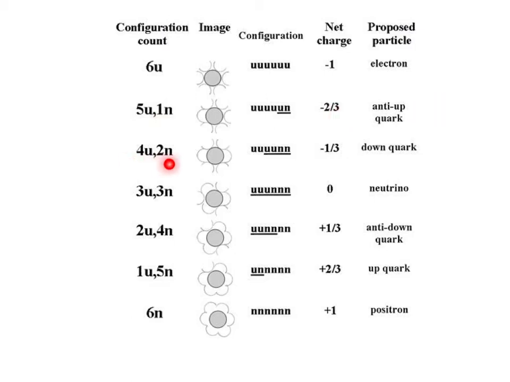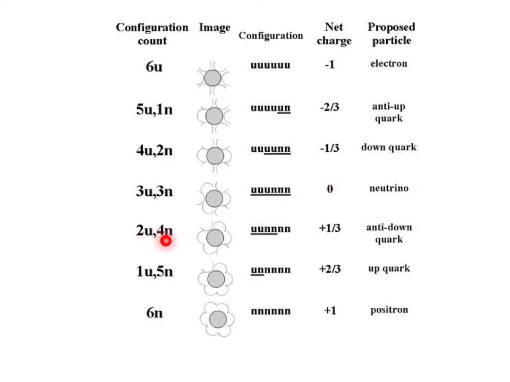A 4U 2N configuration, we have canceling out. The underline here means these have canceled out, giving us a net of 2/6, or -1/3, and that matches the charge of the down quark. With 3U, 3N, they all cancel out, and we get a 0 net charge, and that matches the neutrino.